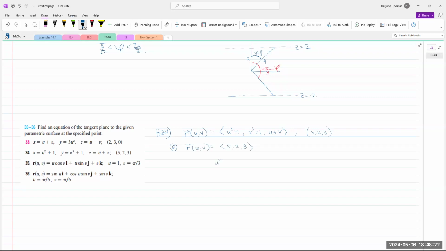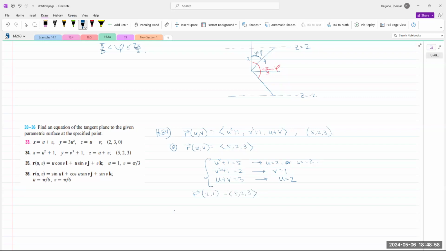So u squared plus 1 equals 5 implies u is 2 or u equals -2. Phi cubed plus 1 equals 2 implies phi equals 1. And then u plus phi equals 3, which means u equals 2. So r(2, 1) equals (5, 2, 3).